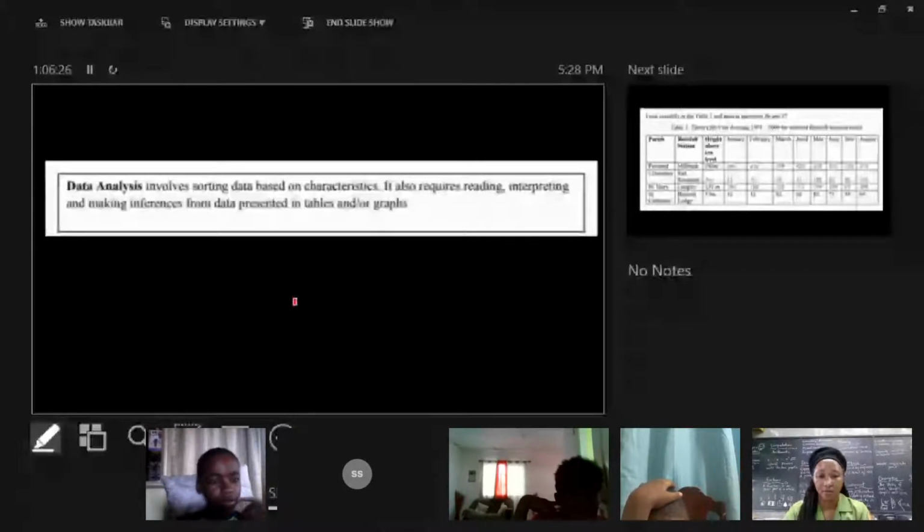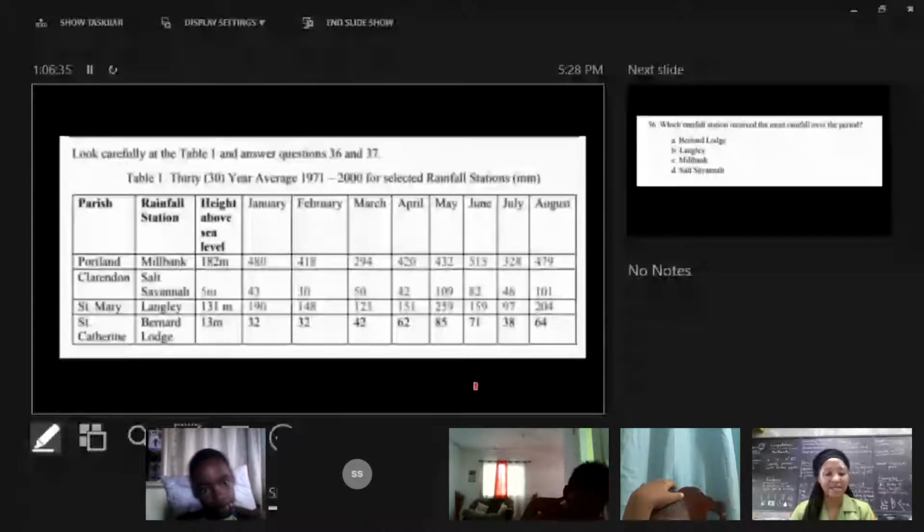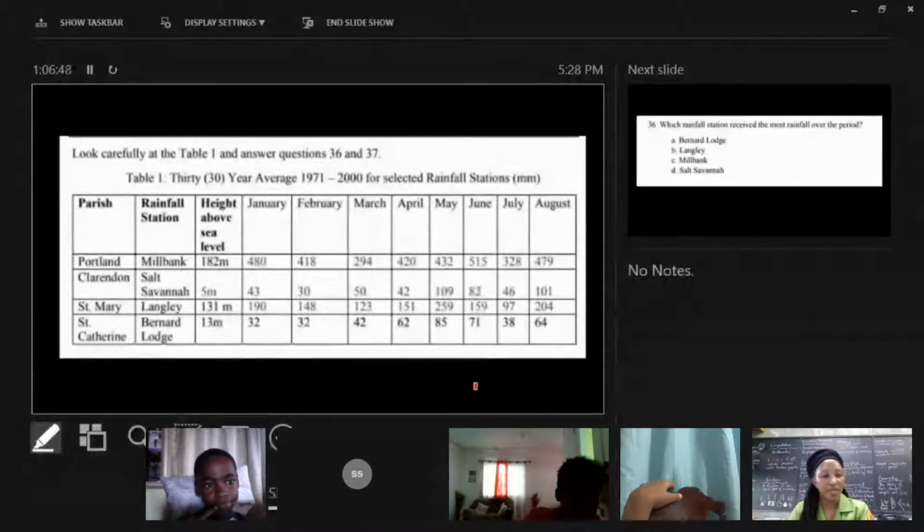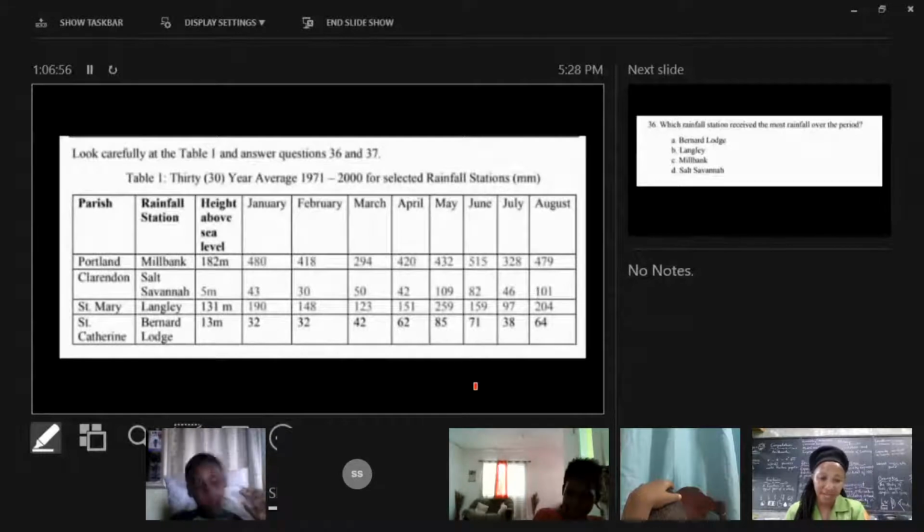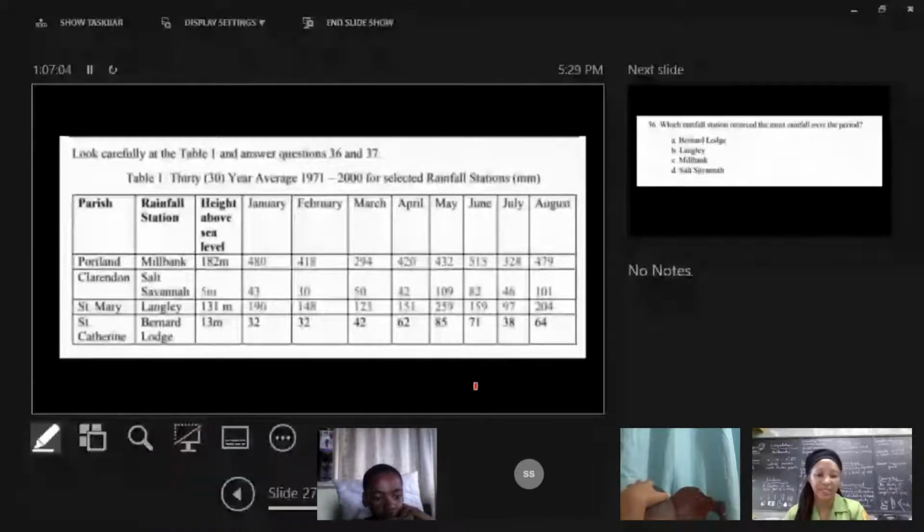All right. So we're asked to look carefully at the table and answer questions 36 and 37. Table 1 shows a 30-year average, 1971 to 2000, for selected rainfall stations, and the readings are in millimeters.